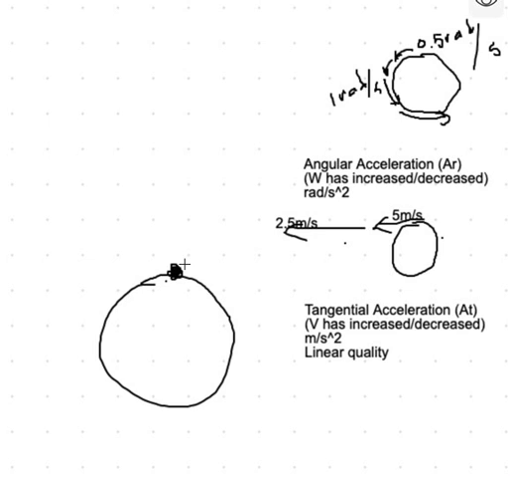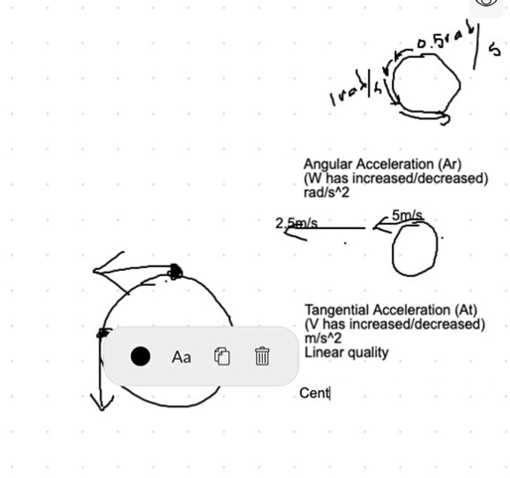For example, if I have an object here, its tangential velocity has a direction of this way. But if I get that same object at this point in its orbital path, then its tangential velocity is this way. So because the direction of the tangential velocity is changing, we have a third type of acceleration associated with that, called centripetal acceleration.